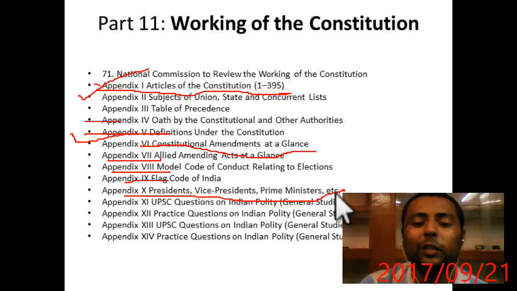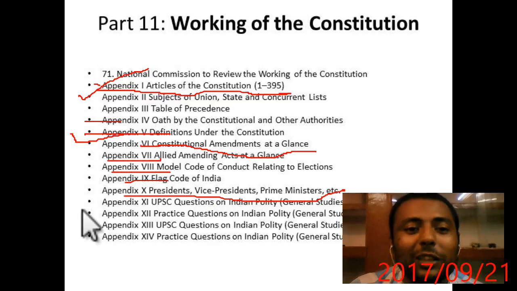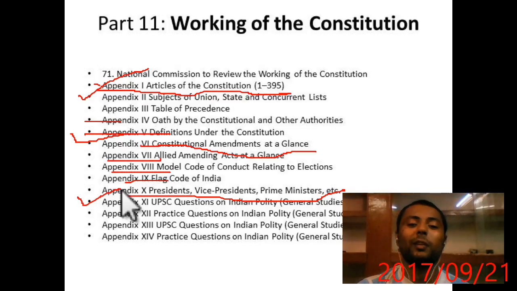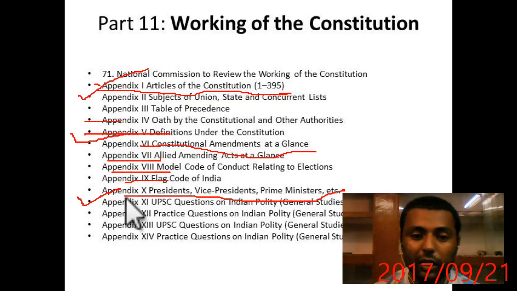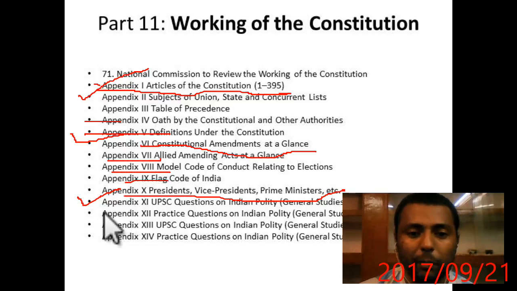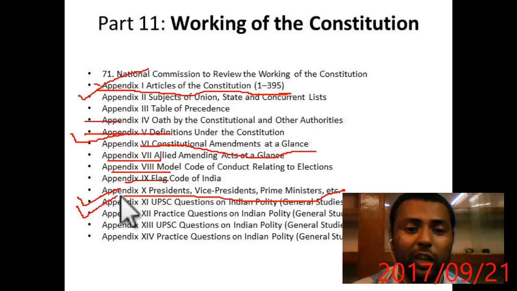Who were the first president, the second president, like the chronology. UPSC questions on Indian polity are very much important. Remember, my friend, whenever you complete the book, these questions will tell you whether you have read the book or not. Practice questions on Indian polity, the question collection is very good. These are the 4 important things which you have to read.